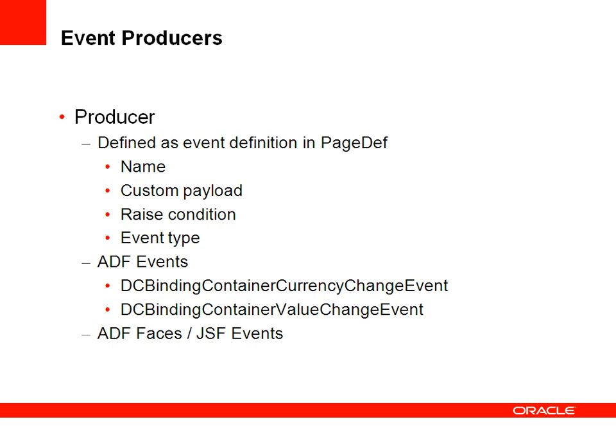If you leave the custom payload empty, then it's always the default payload, the default event object, that will be passed. Using a special language in the raise condition property on the producer binding allows you to specify when exactly an event is propagated. So it's not always raised, but just conditionally when the business case requires it.